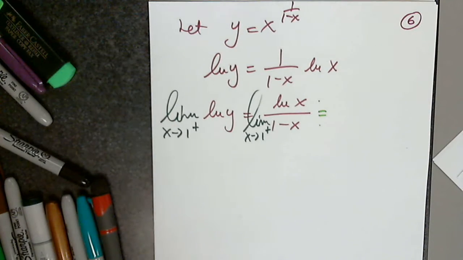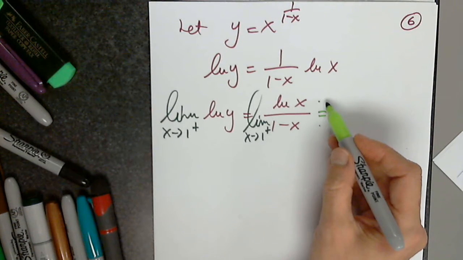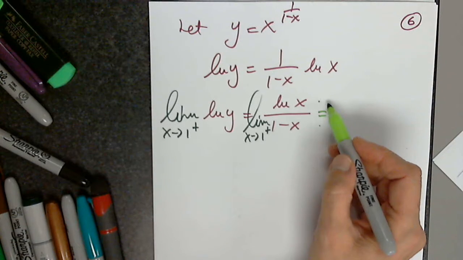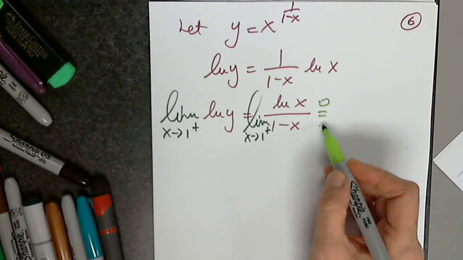Tell me what we have at the bottom, when x approaches 1. Very good. Over. It's 1 minus 1.